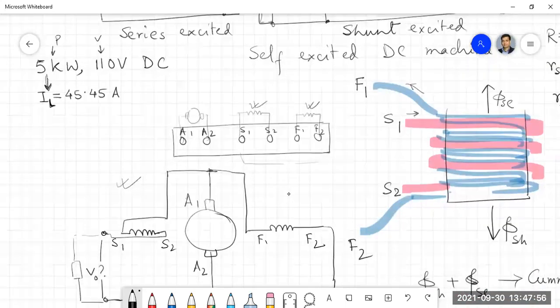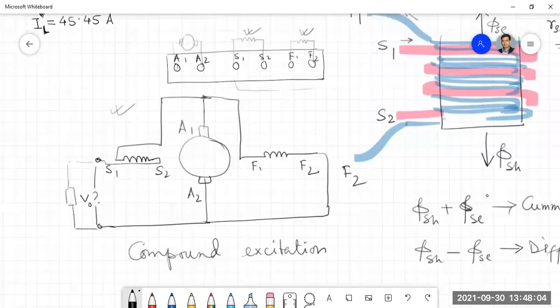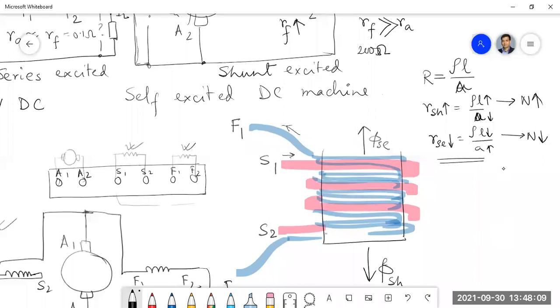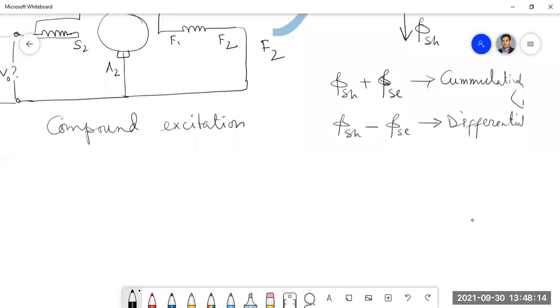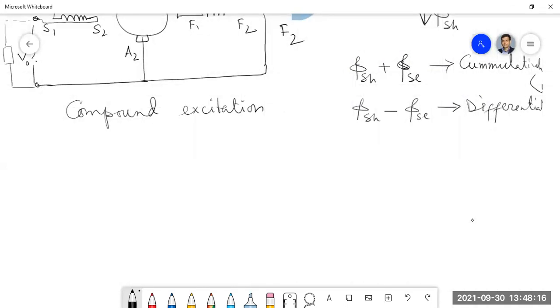Anyway, have you understood the distinct difference between the series field coil and the shunt field coil? I think you have understood, isn't it? Okay, so all these machines can be run as a generator and as a motor. Like, there is a series generator, shunt generator, series motor, shunt motor, compound generator, compound motor.